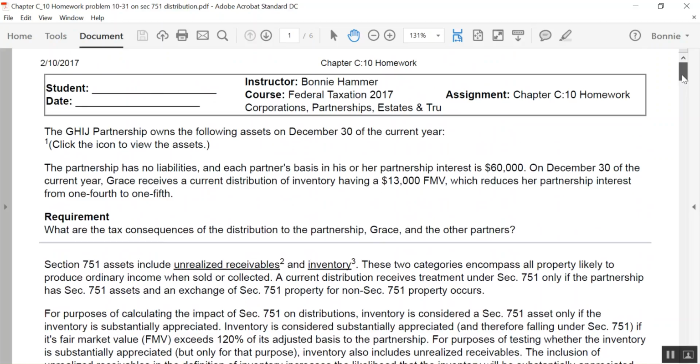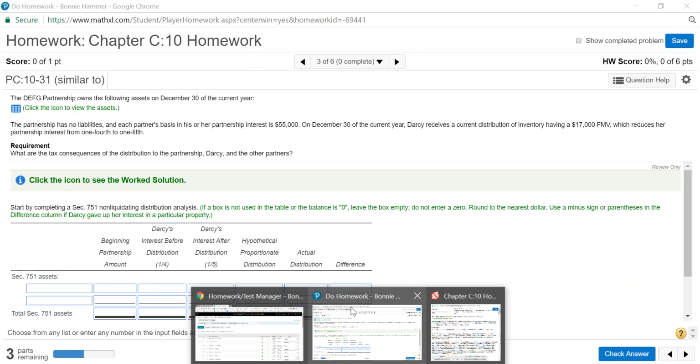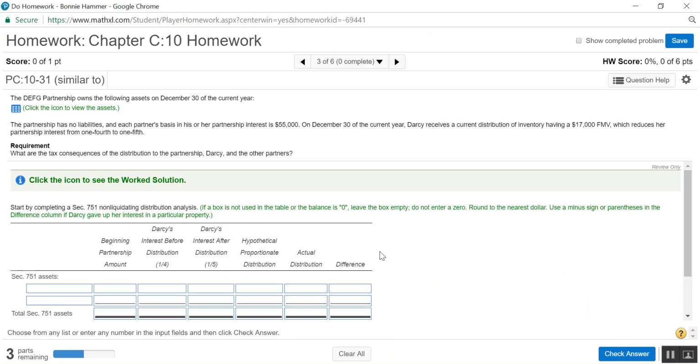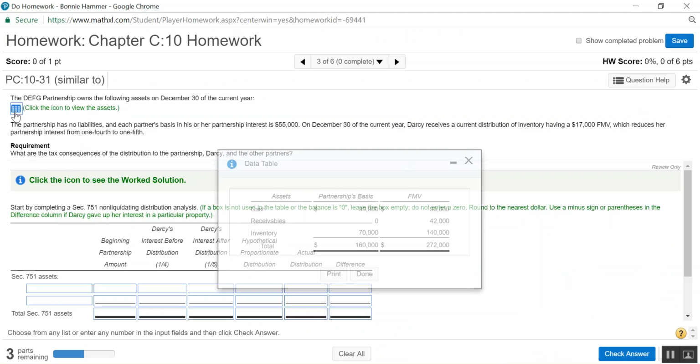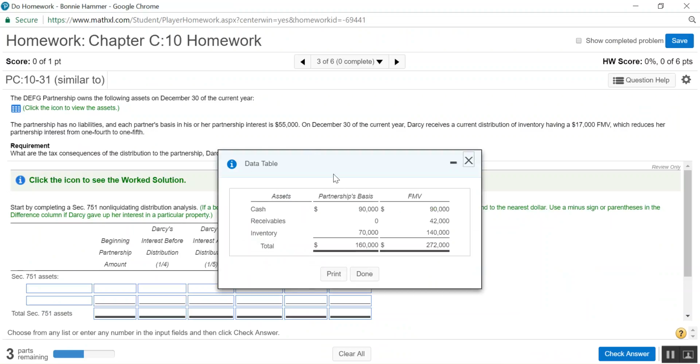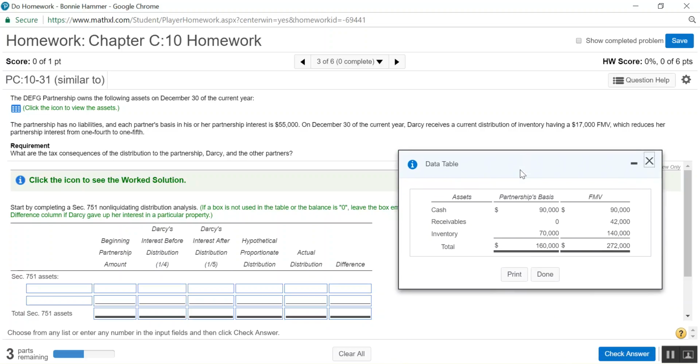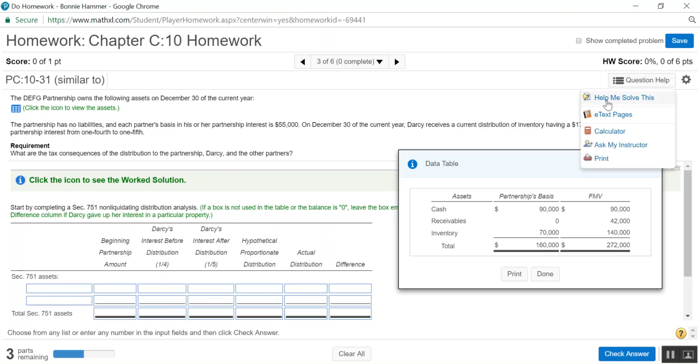So this problem actually, and the one thing we don't get to see here, I might have erased it. That would really be bad if I erased it. Maybe I'm still okay. Help me solve this.